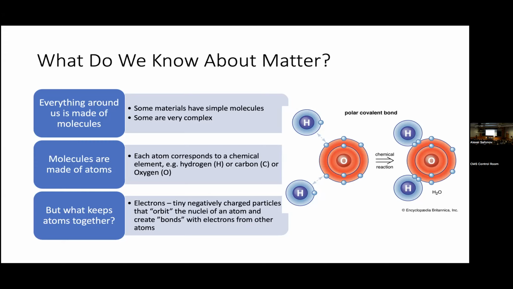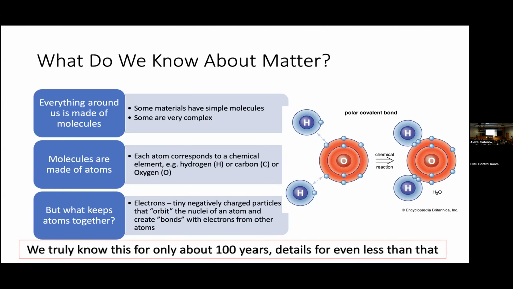The simplest one is the hydrogen atom, which has a proton and an electron flying around it. What keeps atoms together inside molecules, we also know: these are basically electrical charges. Electrons are negative, nuclei are positive, and everything holds together. Then you can come up with various ways to combine different elements together, and you end up with different molecules. Some are very simple, some could be very complex.